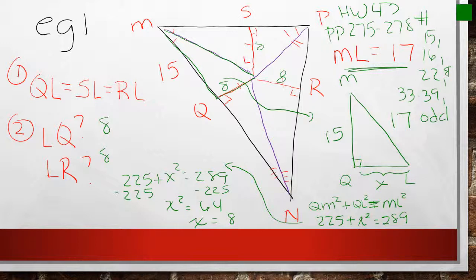So the length of line segment QL is equal to the length of line segment SL, which is equal to the length of line segment RL. Right? So now I'm going to ask you another question. What is the length of LQ and LR?